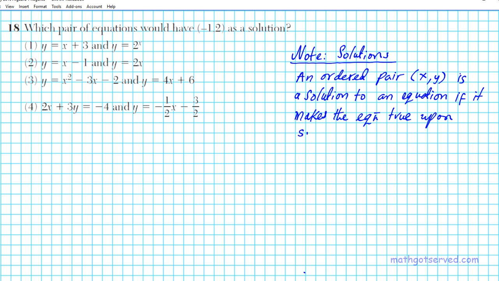Okay, so when you substitute those values into the equation and you end up with a true statement, then it's a solution. Alright, so another way to say that an ordered pair is a solution is to say, does that ordered pair satisfy the equation? So it satisfies it. Satisfying an equation basically means that when you plug the solution into the equation, you end up with a true statement.